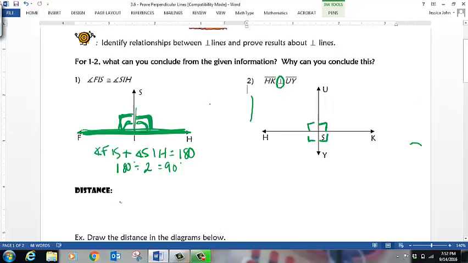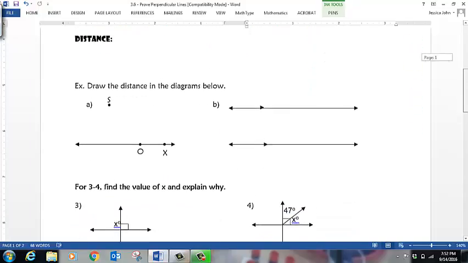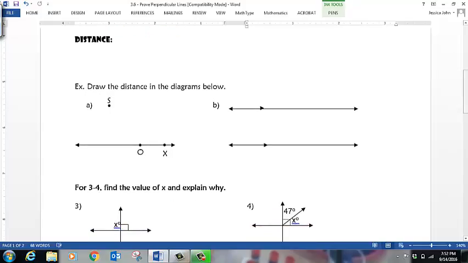All right, so let's talk about distance and how perpendicular lines relate to distance. Okay, so distance, when you measure it, you have to always measure the distance between a point and a line, or two lines, or one person to another person.